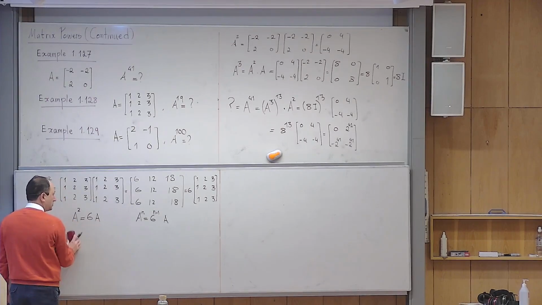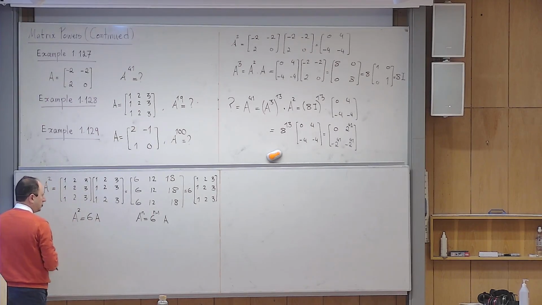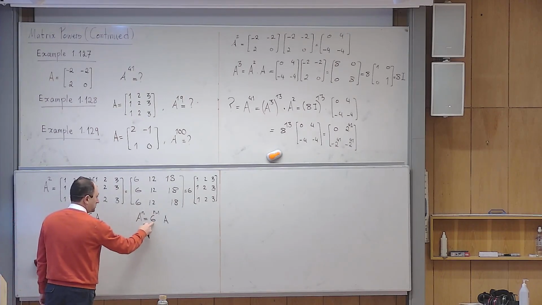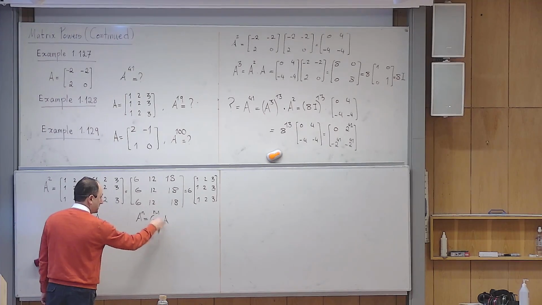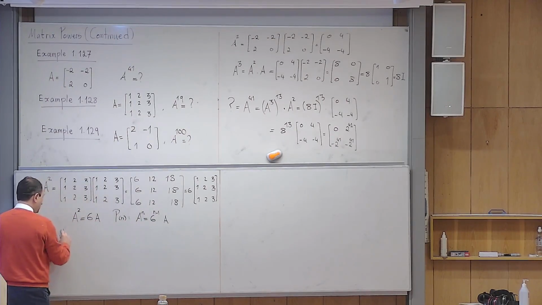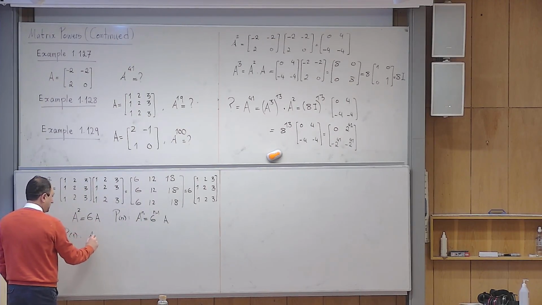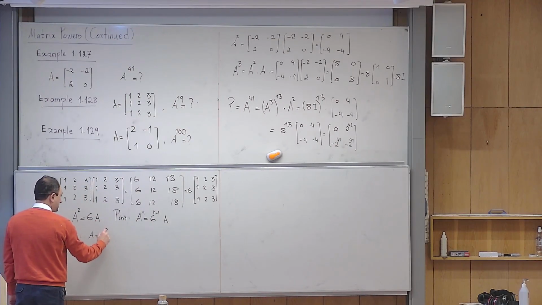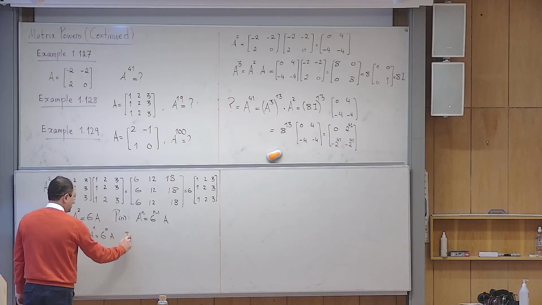So how can I do that? Of course, for n equals 1, that is correct, because the left-hand side becomes a, and the right side becomes 6 to power 0 times a. So if I call this P(n), P(1) is actually a is equal to 6 to power 0 times a, which is true.